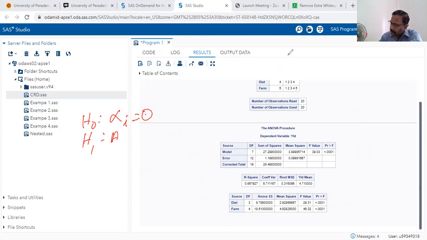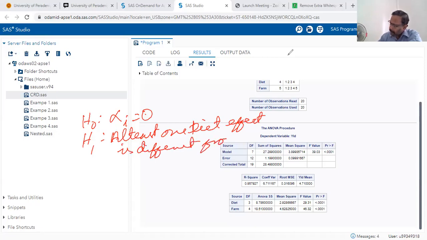Alternative: at least one diet effect is different from the rest.